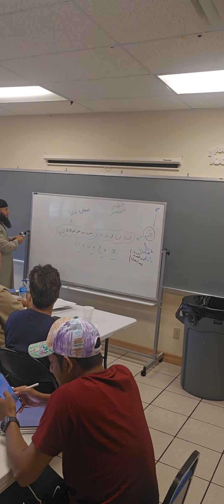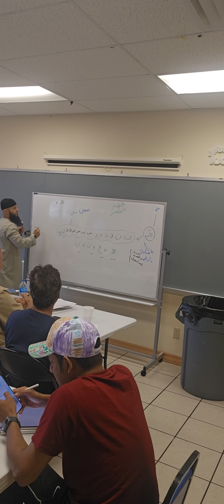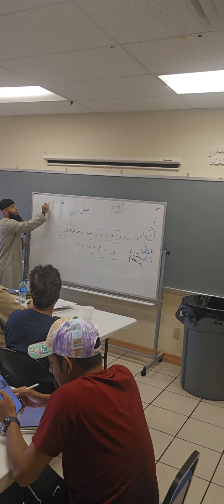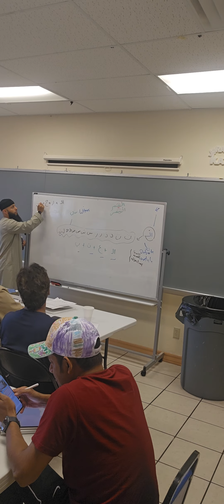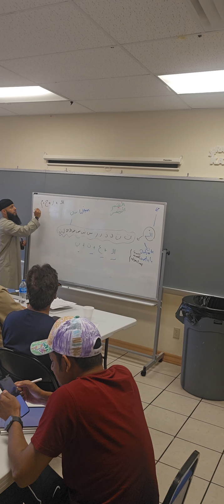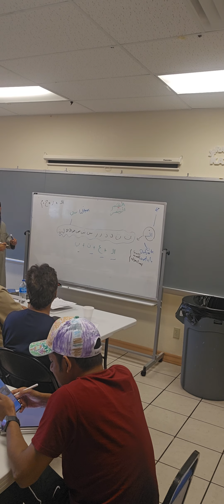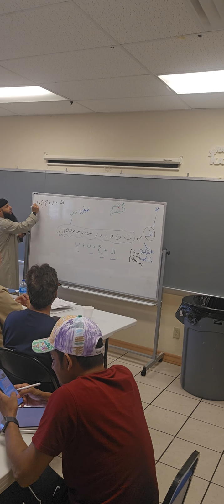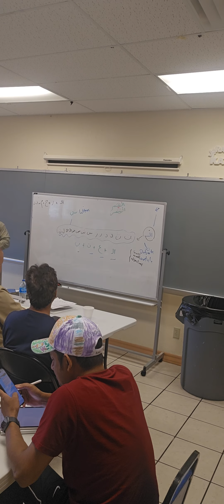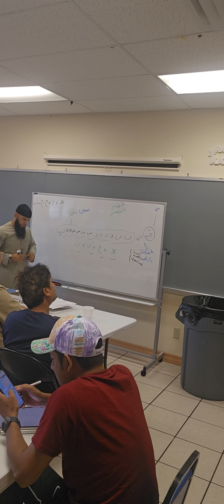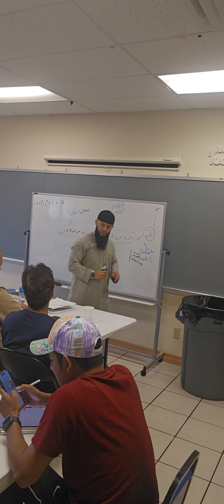So you're going to have Al with Ra, with Ha, with Ma, with Alif, and then with Na. What is this word? Ar-Rahman.